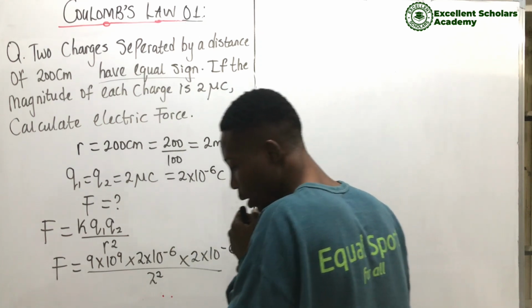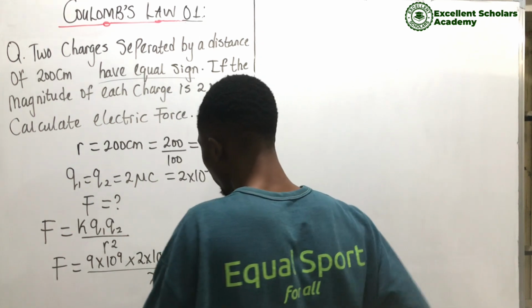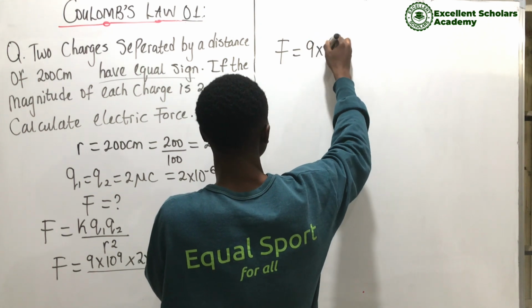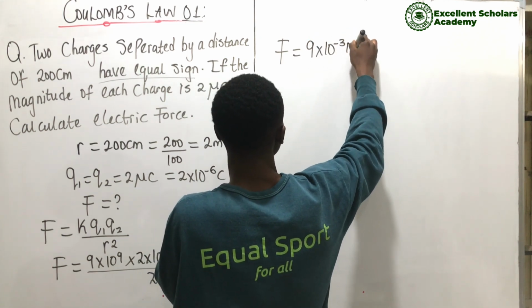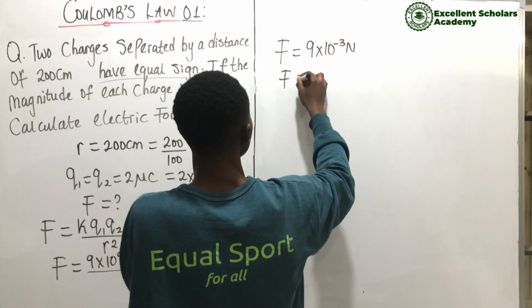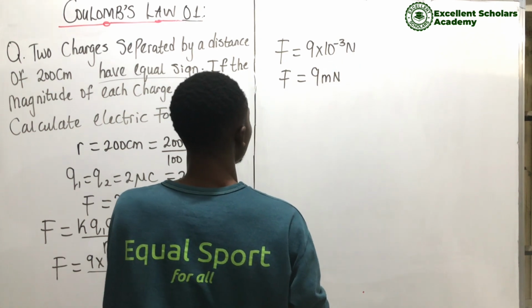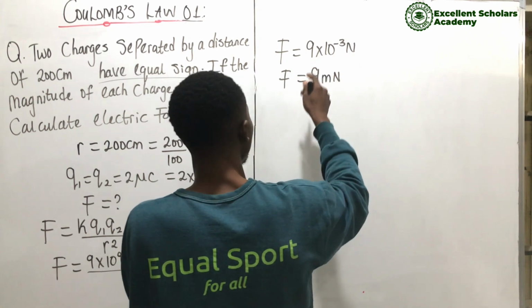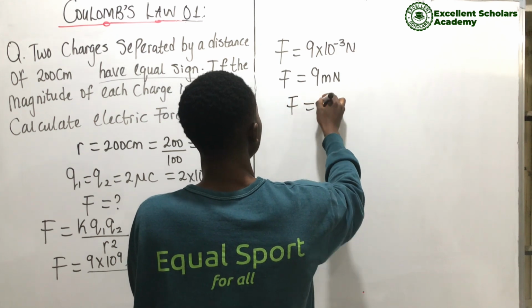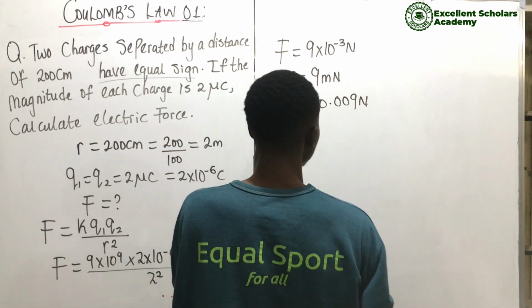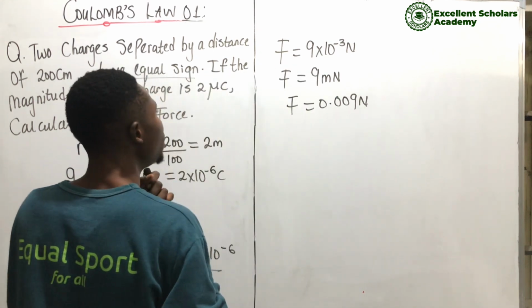Okay, so now using our calculator, we're going to have this to be 9 times 10 to the power of minus 3 Newton, which can also be written as 9 millinewtons. Okay, or this can also be written as 0.009 newtons. Okay, any of these is an answer.